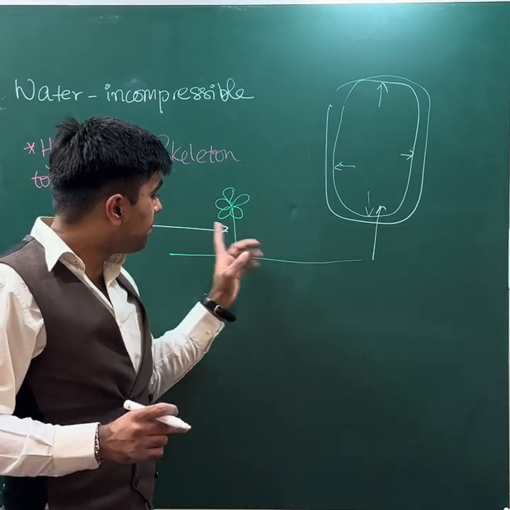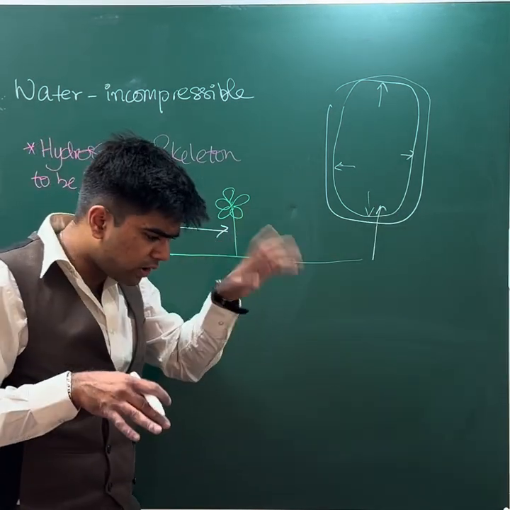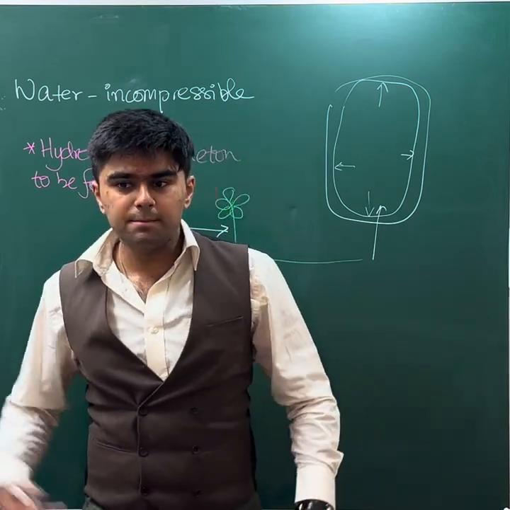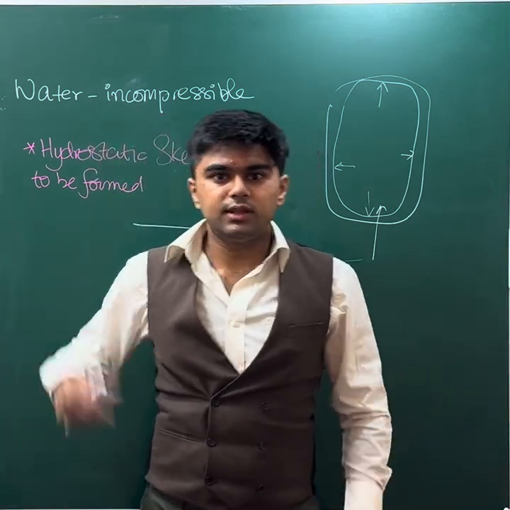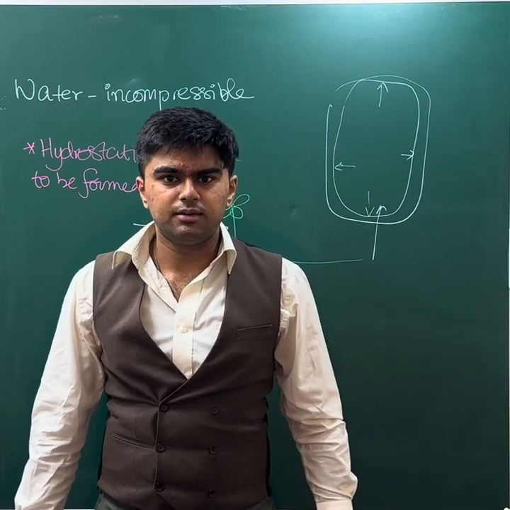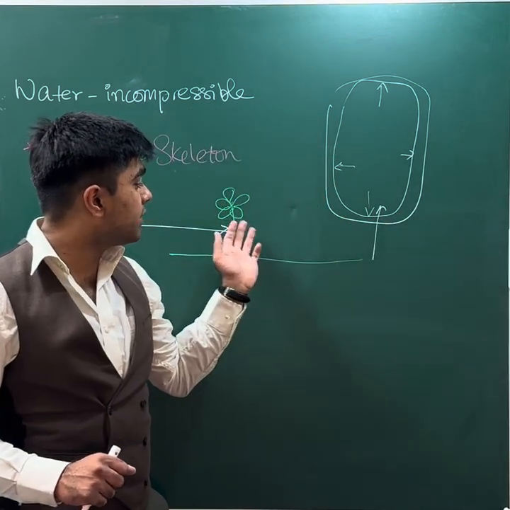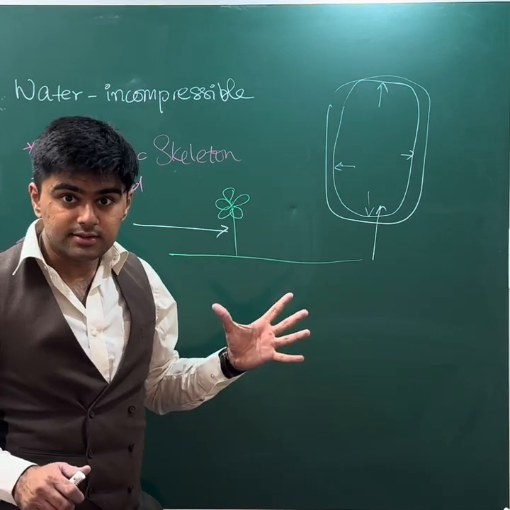And that means your plant is rigid and it's not floppy. And because it's rigid, it's strong. When the wind comes, boom, it just stays there, rigidly. It doesn't move. It's perfectly fine. So it allows your plant to sustain high winds.